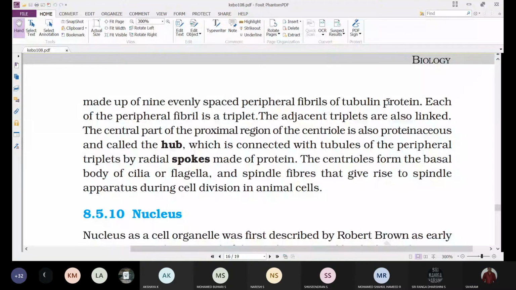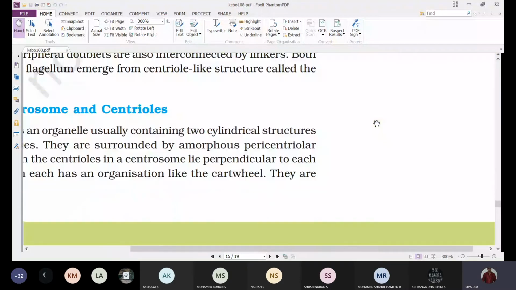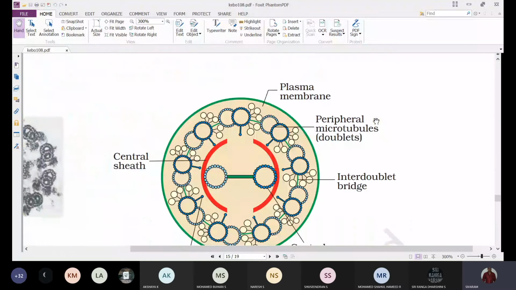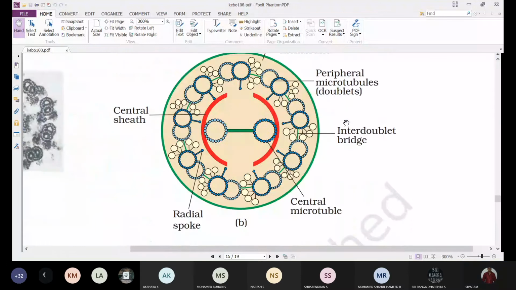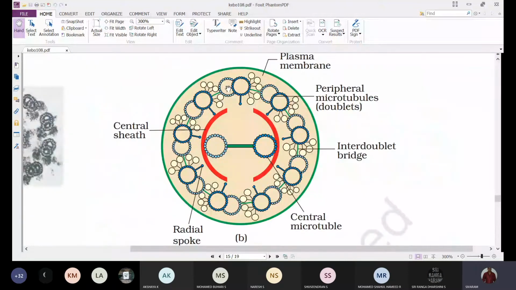When you observe the internal structure of cilia or flagella, we find two fibril structures. Instead of two, here we'll find three. And these three are attached to the adjacent fibrils with the help of dynein arms.